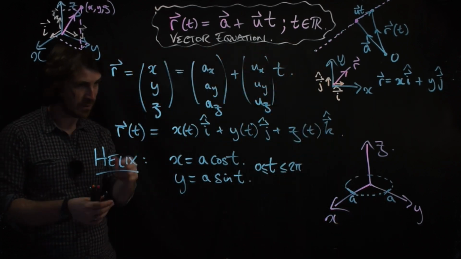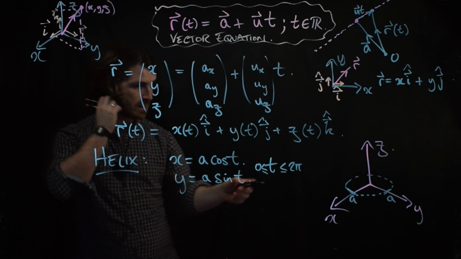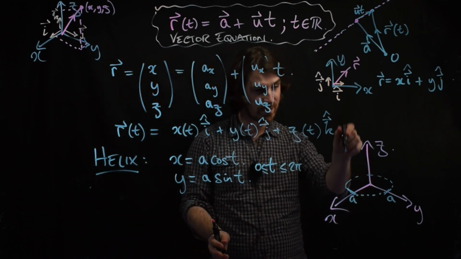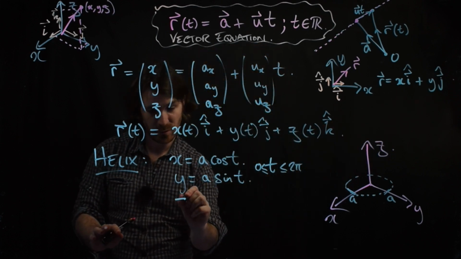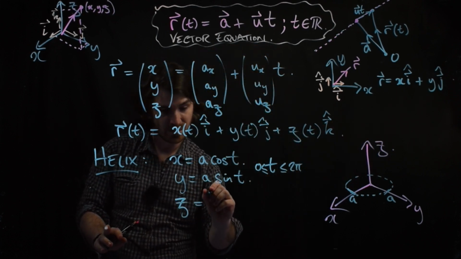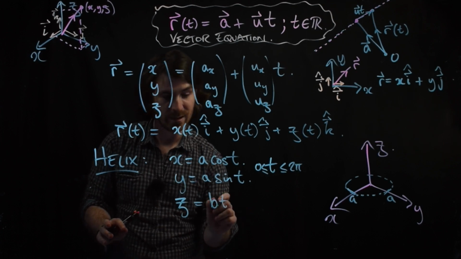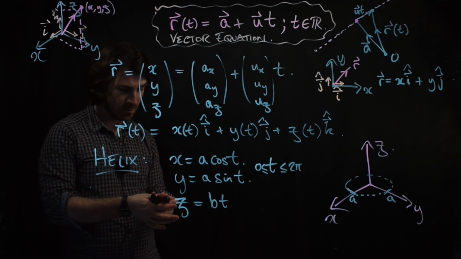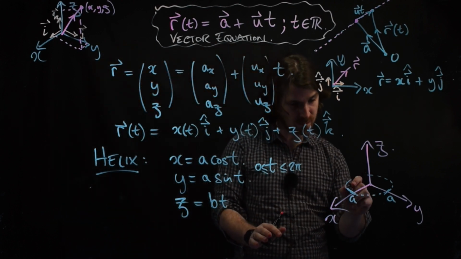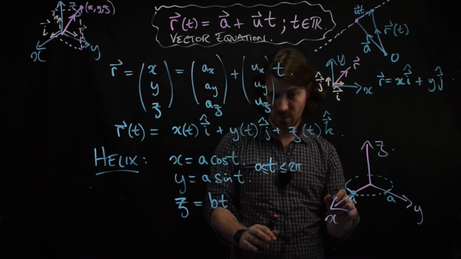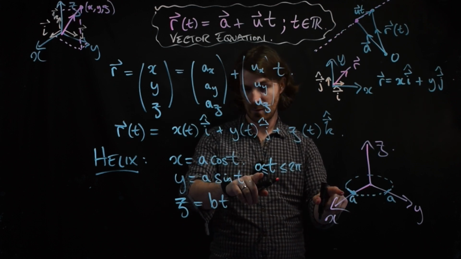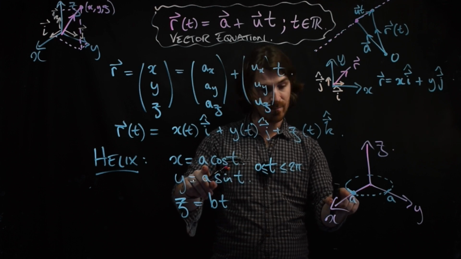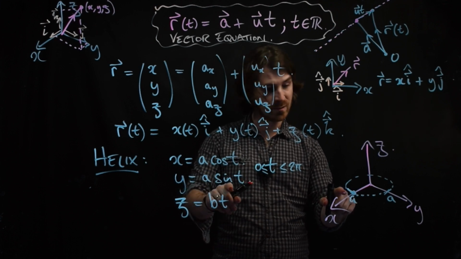But that's not a helix. What happens in the helix is, as you go around the circle, you also lift out of the plane, so you get higher in z. So as time goes on, z increases, and let's let it increase linearly with t. So this is a constant called b. So what happens is you start here, t equals 0, which has x equal to a cosine t, which is just a, and y equals a sine t, which is 0.